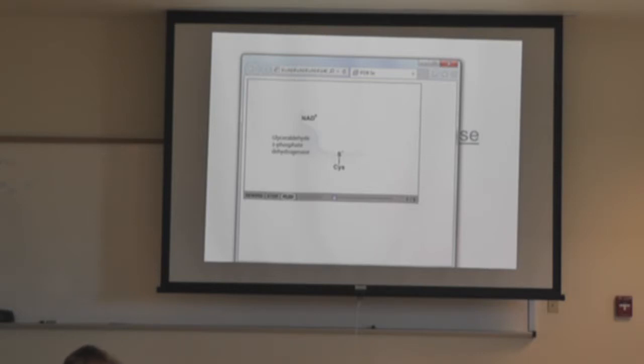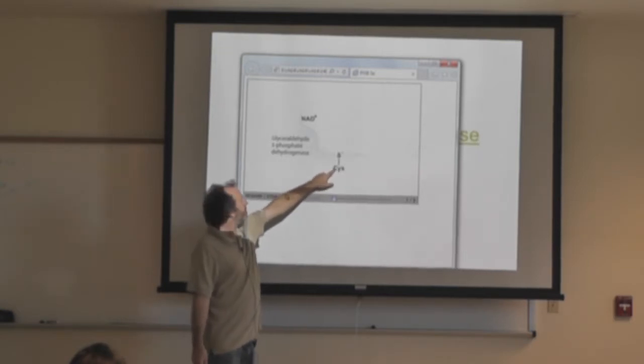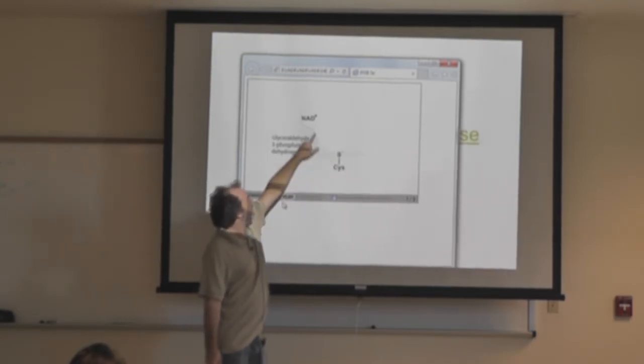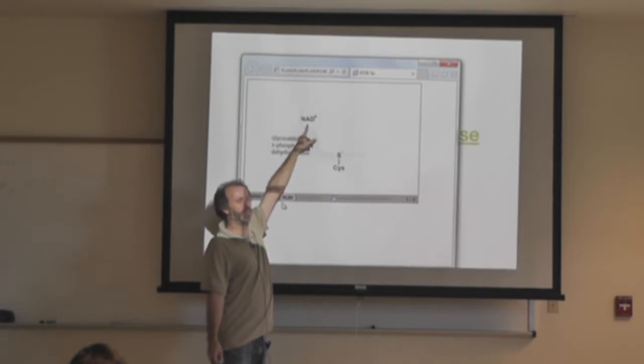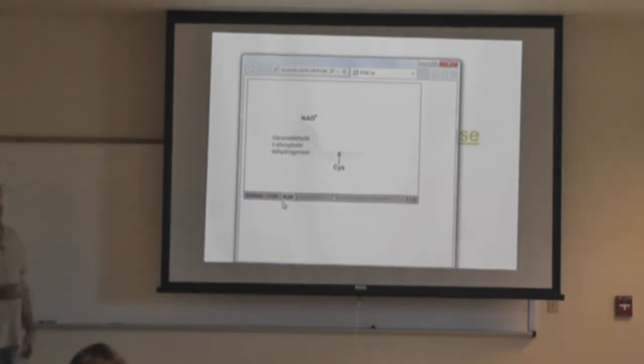When you take methods 2, this is what you're cloning. In this enzyme we have an active site cysteine that's going to form a covalent bond with your intermediate. And then what's NAD? Nicotinamide adenine dinucleotide, even though it's a single nucleotide, they got those crazy names.